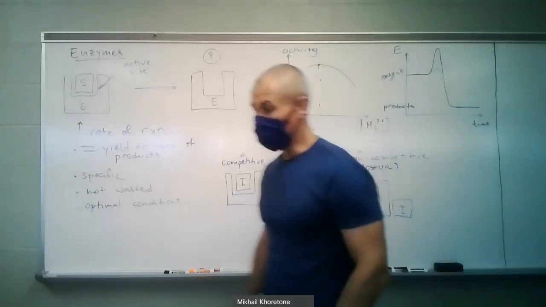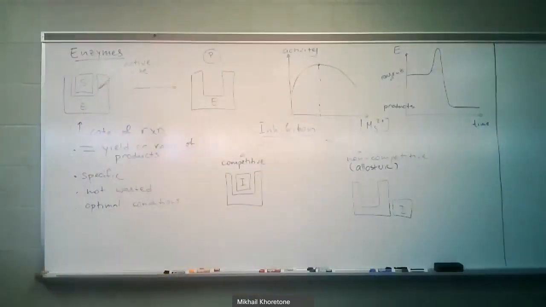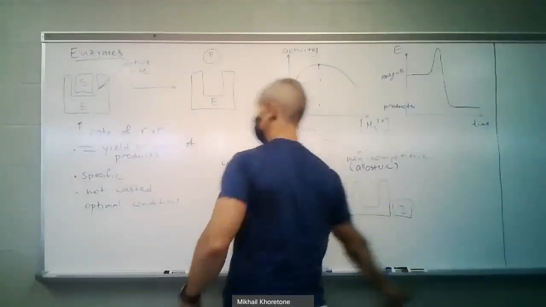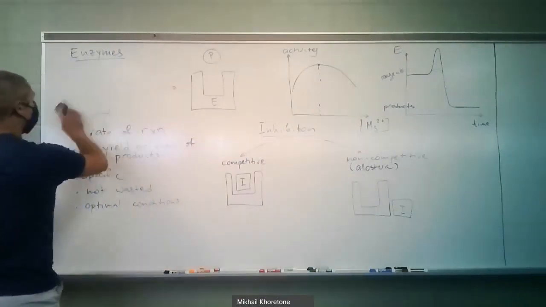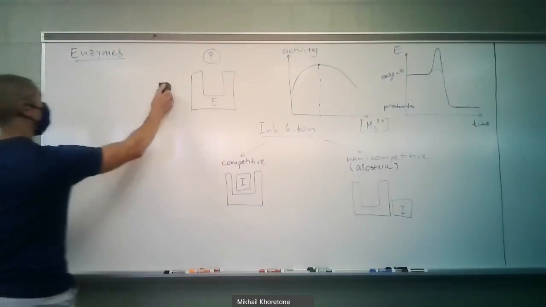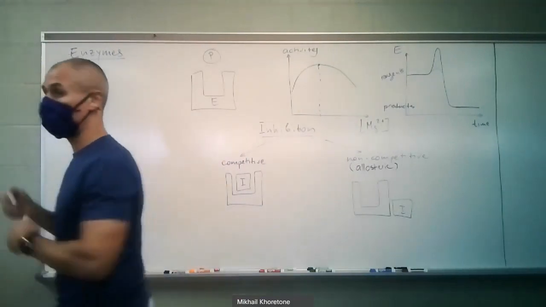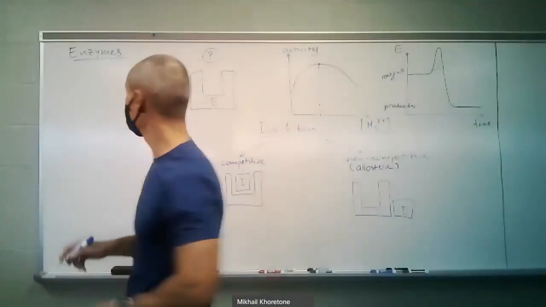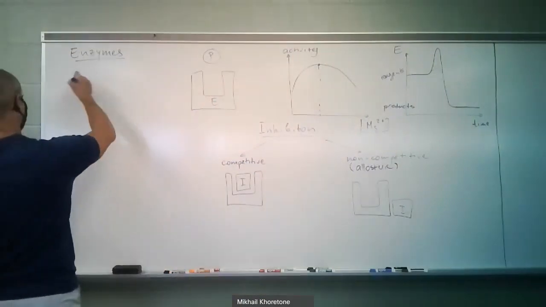Last little bit, a couple of bits about the enzymes. First, the idea of holoenzyme and apoenzyme. It's pretty straightforward. So imagine you have a protein, an enzyme. Look, there's an enzyme.